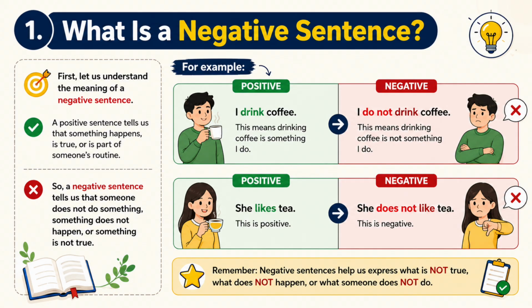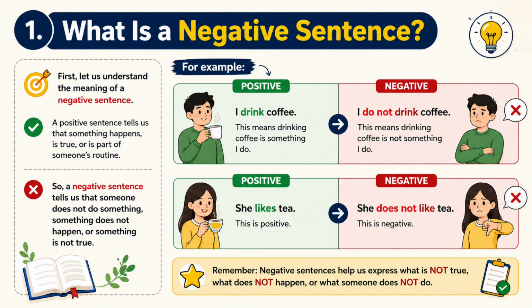So, what is a negative sentence? First, let us understand the meaning of a negative sentence. A positive sentence tells us that something happens, is true, or is part of someone's routine. For example, I drink coffee. This means drinking coffee is something I do. Now look at the negative sentence.